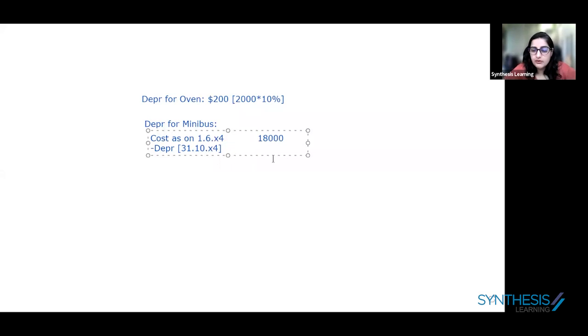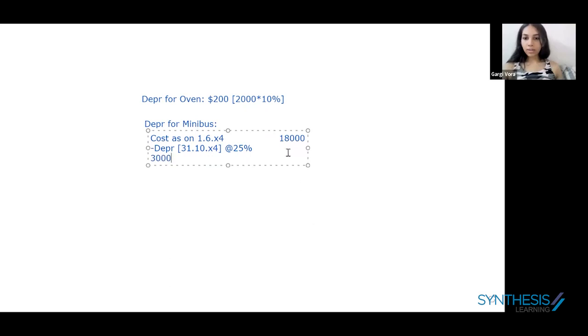Okay. So it had to be at the rate of 25%. On what are we going to take this 25%? 18,000. Correct? How much will it come to? Tell me, what is 25% of 18,000? I think it will be 3,000. No, 4,500. Why won't it be 3,000?